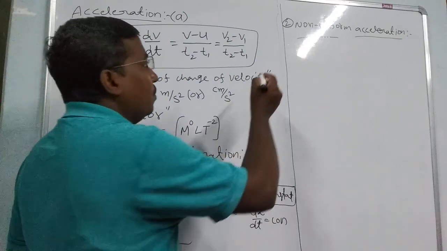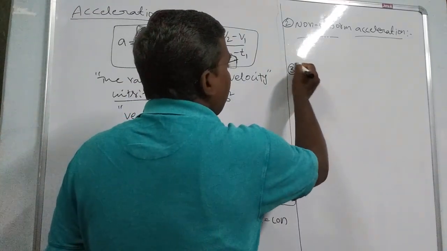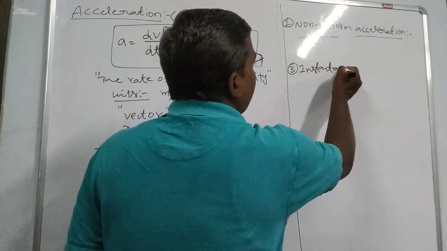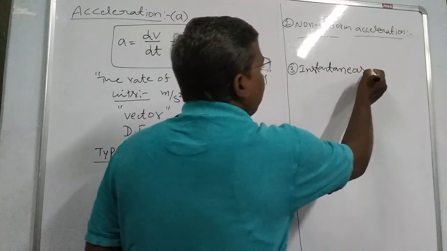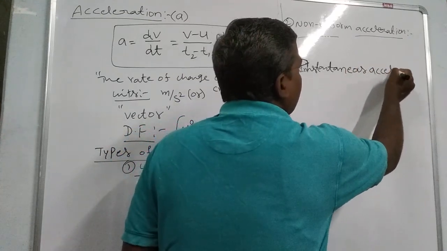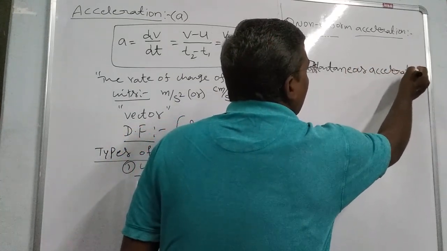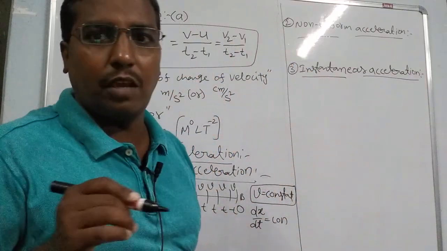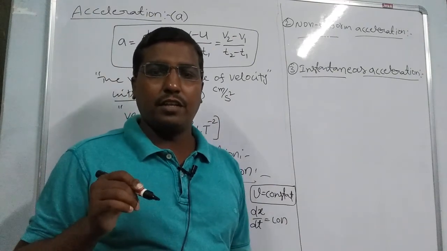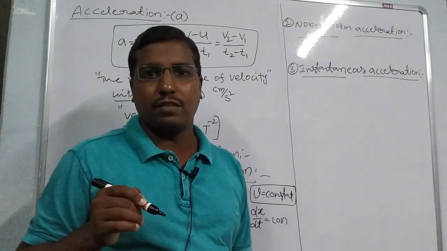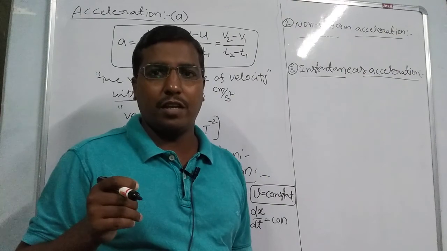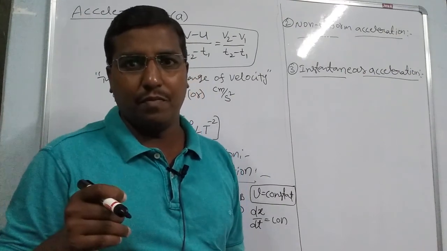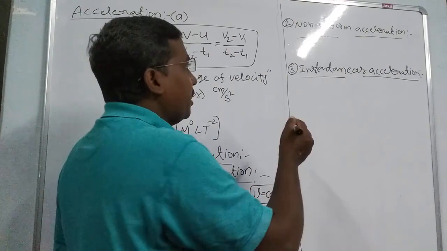Now the third one, instantaneous acceleration. What is instantaneous acceleration? Same as in the instantaneous velocity concept. The acceleration of a particle at a particular instant of time is called instantaneous acceleration.